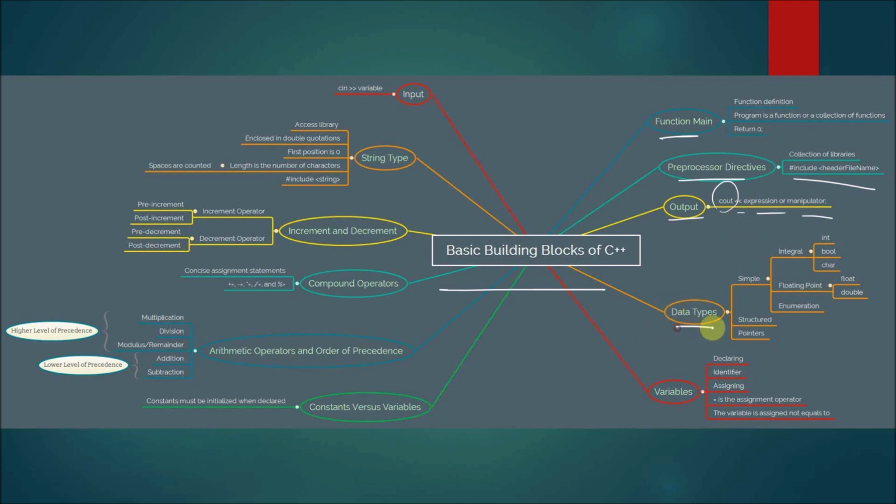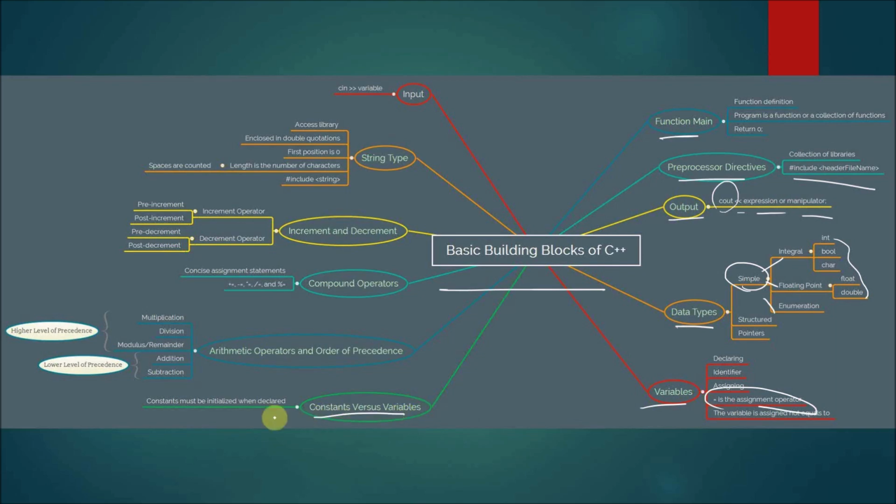We talked about the different data types. We kept our conversation on simple data types, which can branch out into multiple different types of simple data types. We talked about variables and how we declare variables by their data types and assign them a value.